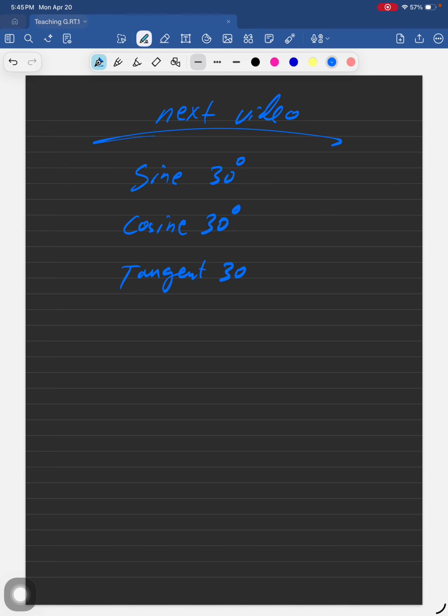At the same time, I will talk also about the sine of 60 degree and the cosine of 60 degree and the tangent of the 60 degree. So I will talk about the sine, cosine and tangent of these two angles, the 30 and 60.